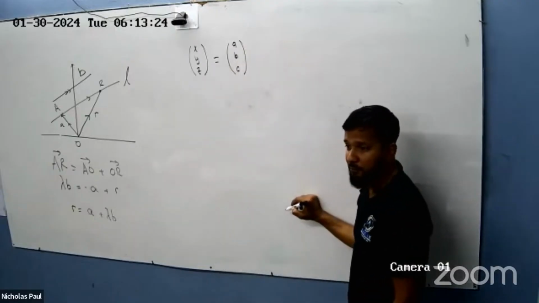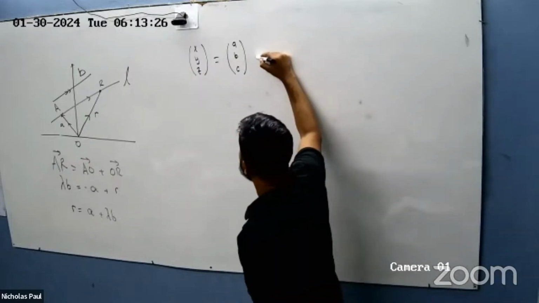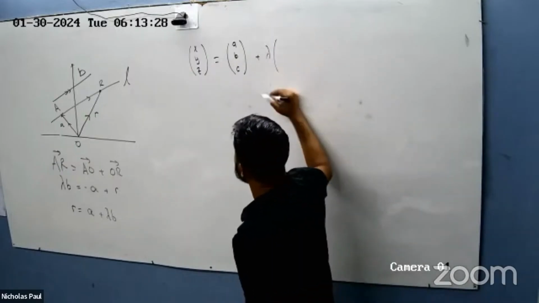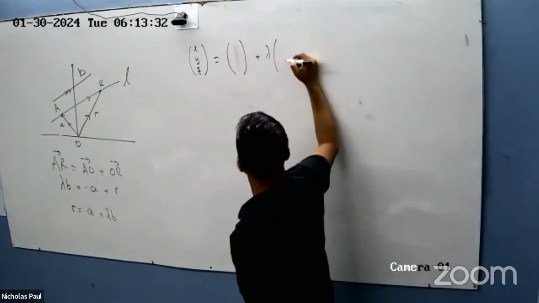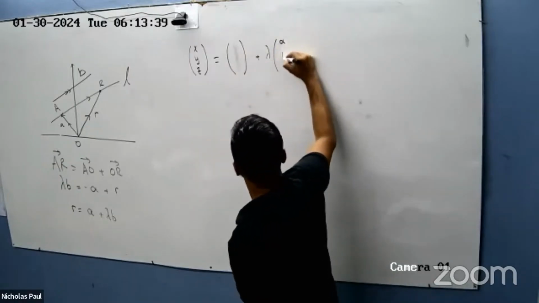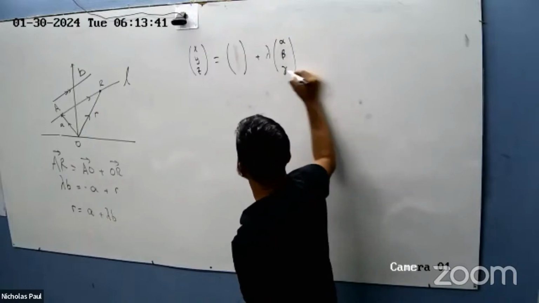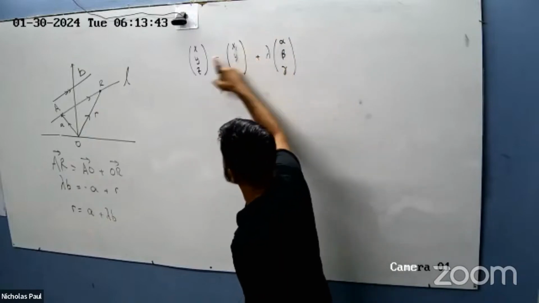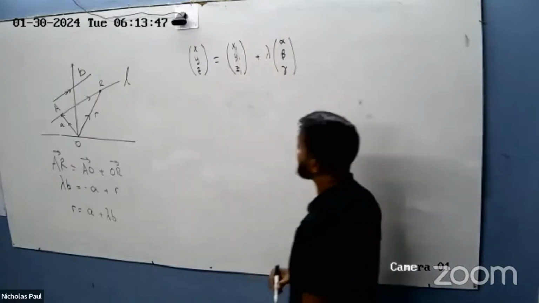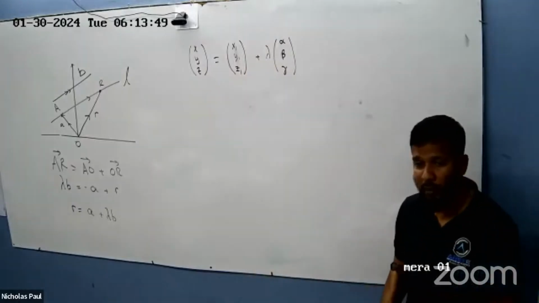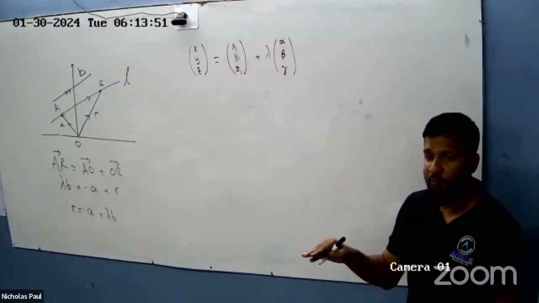Let me call the vector equation of the plane alpha, beta, gamma. Let's call this X1, Y1, Z1, because it's one of these. So we're going to get parametric form first.